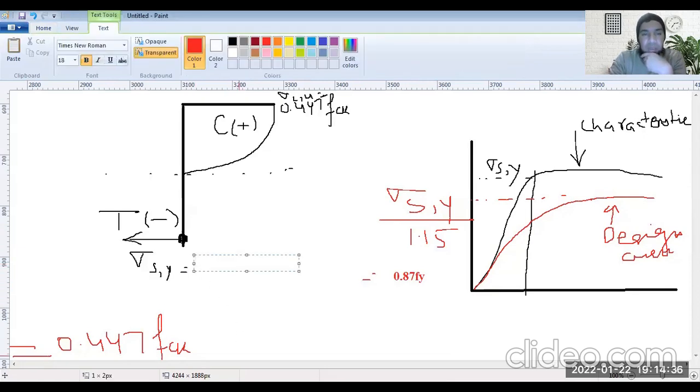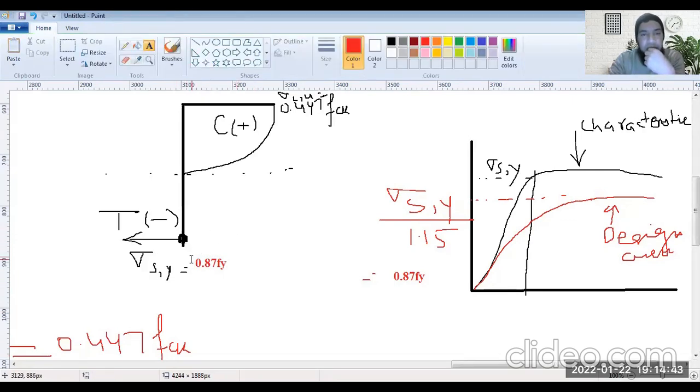So you can also designate it as 0.87 fy. This will create confusion between this and this, so let me call this fy here as well. So this is fy by 1.15. So that's 0.87 fy.